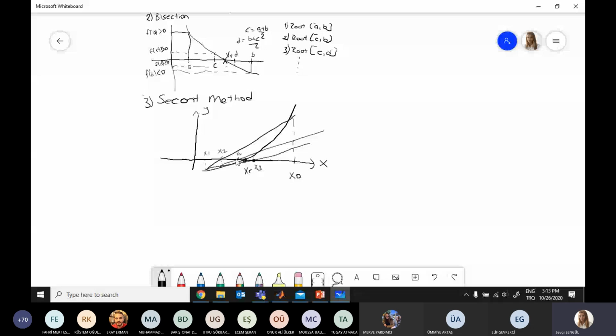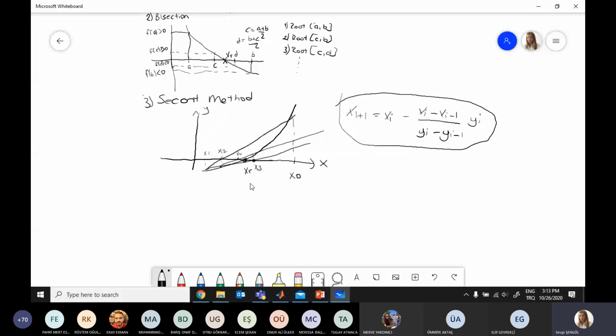Between x4 and x3, you will do it again and you will reach the real root by secant lines. And the iteration for that one was x_(i+1) equals x_i minus, this was coming from the equation of a secant line. I already provided the notes with you. You can see it in better writing there. This was the iteration for the secant method. Okay, remember that.